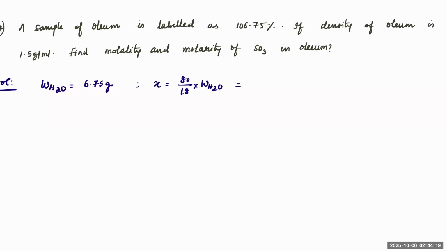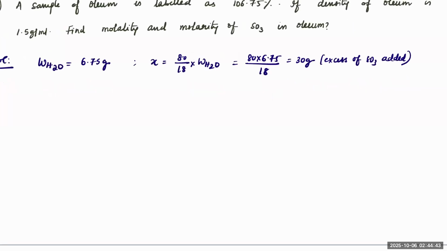So the excess amount of SO3 will be equal to 80 into 6.75 divided by 18, and this is coming out to be 30 grams. So this is the excess SO3 added to convert that into oleum.